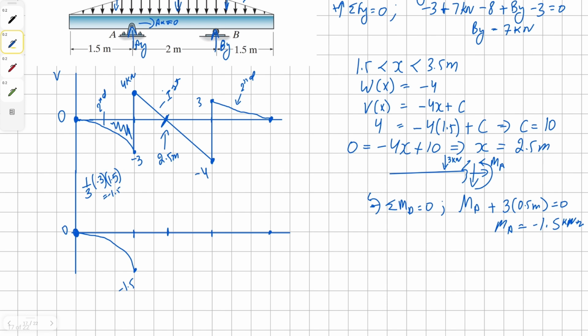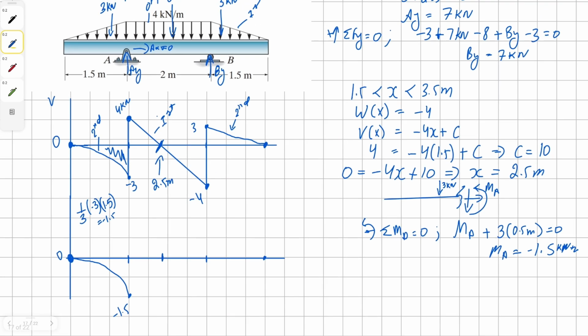Okay, now that we have that, we know that at 0, somewhere along this graph, we don't know where, at 0 shear the moment graph flattens. We'll see where it is, but for now, I'm just going to make a mark here.